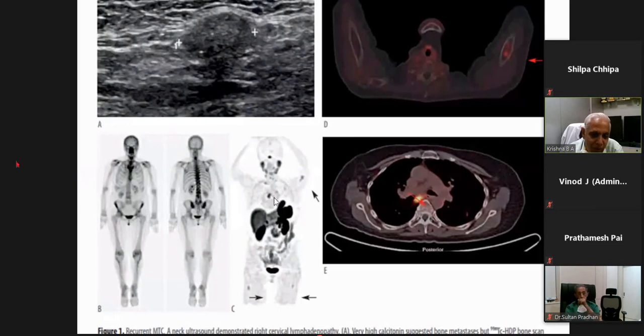Now, this is a somatostatin receptor scan. Medullary thyroid cancer is a neuroendocrine tumor. All the neuroendocrine tumors have somatostatin receptor expression. Based upon that concept, somatostatin receptor scan is being brought into the workup of MTC, but not recommended as of now.